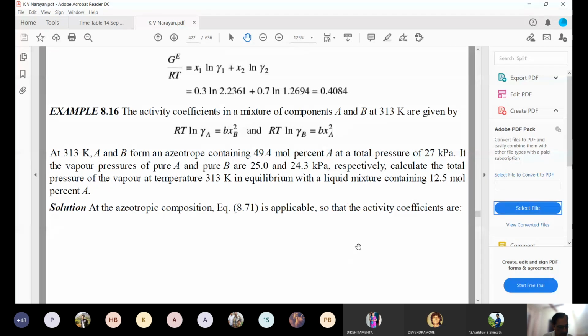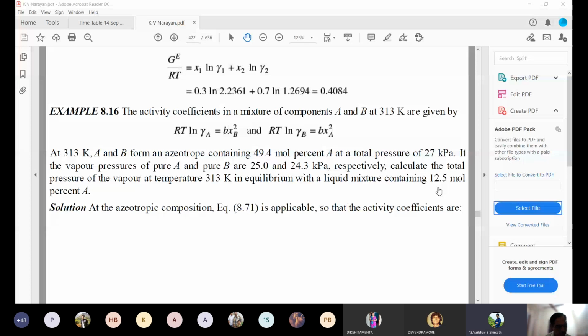Okay, gamma A, gamma B. Raise your hand if you finished. What is the value of gamma A and gamma B?